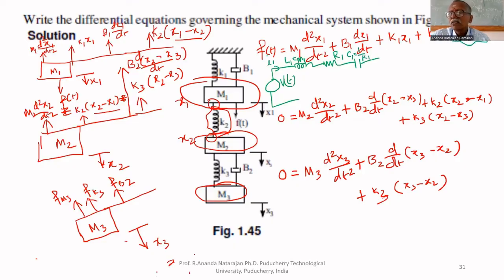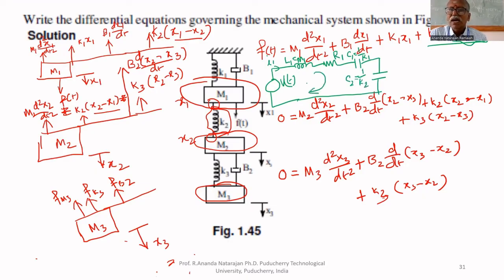As far as K2 is concerned, two variables are involved, X1, X2, that is Q1 minus Q2. Therefore, it involves both the first loop as well as the second loop. So we can write C2 equals 1 by K2.